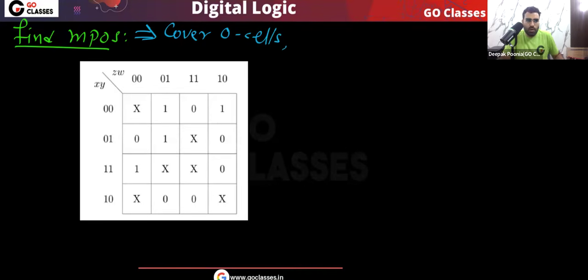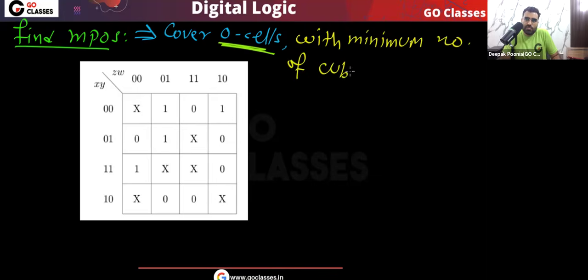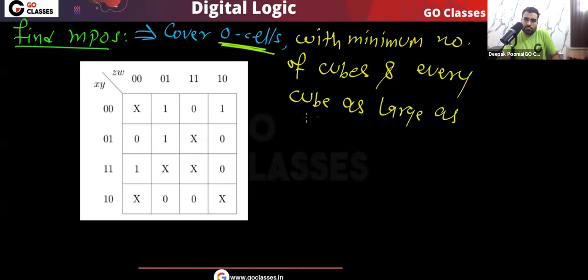I only want to cover the zero cells with the minimum number of cubes, and every cube as large as possible.